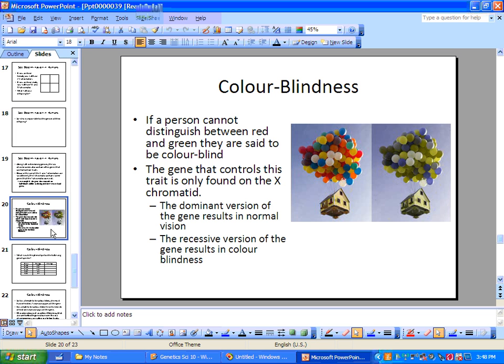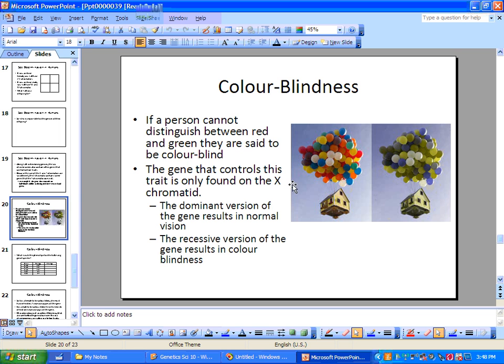So quite often we just call that red-green color blindness. Here's, I guess, what somebody with normal vision would see. Maybe that's you. Very likely that's you. And somebody who's red-green colorblind, this is what we think the balloons might look like. Where the greens and the reds just kind of all blend into a weird greeny brown color.